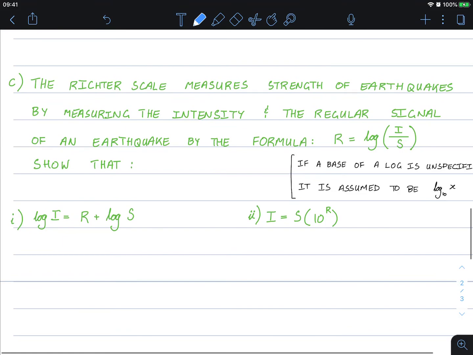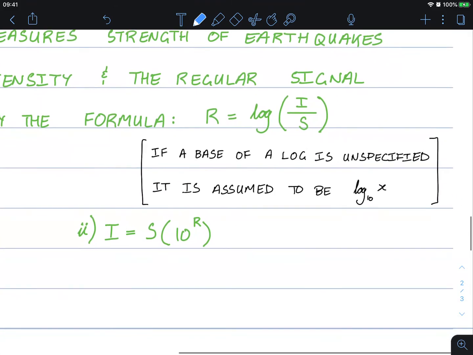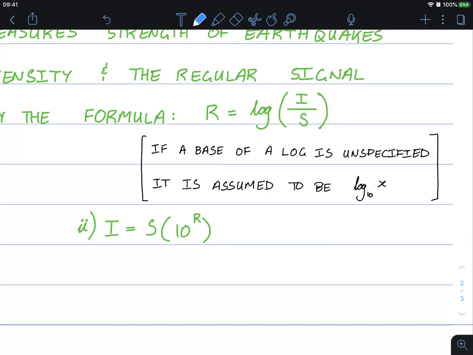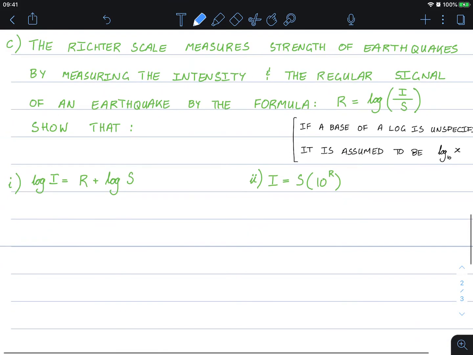All right, let's do an example here of a log scale. The Richter scale measures strength of earthquakes by measuring the intensity and the regular signal of an earthquake by the formula R is equal to log of I over S. And I'm guessing that I is the intensity and S is the signal of the earthquake.